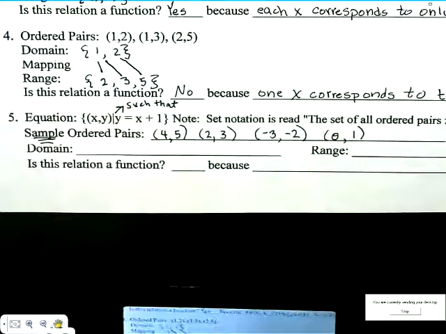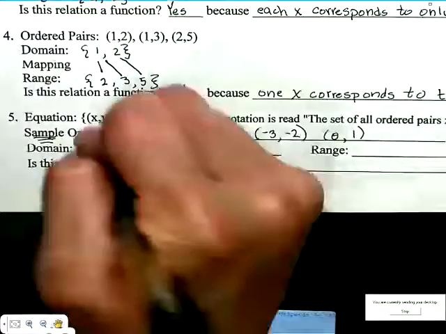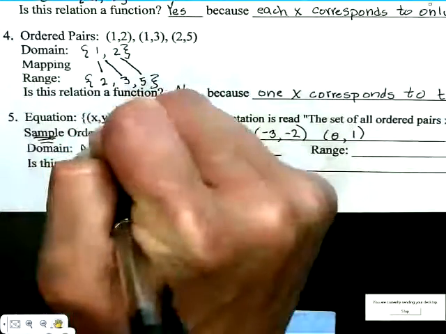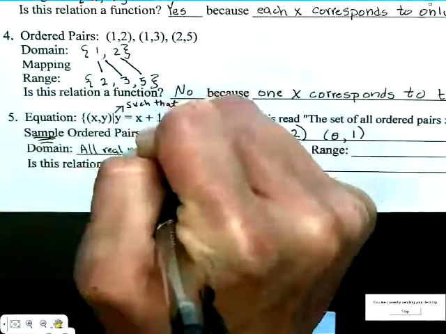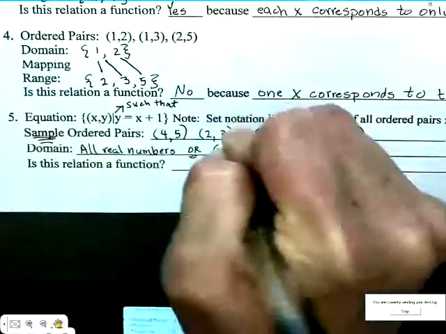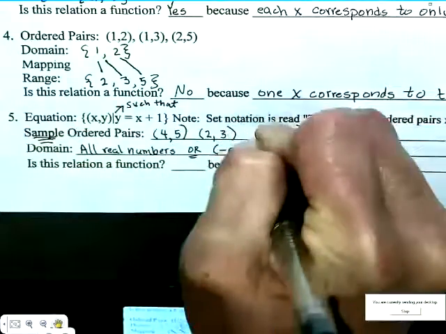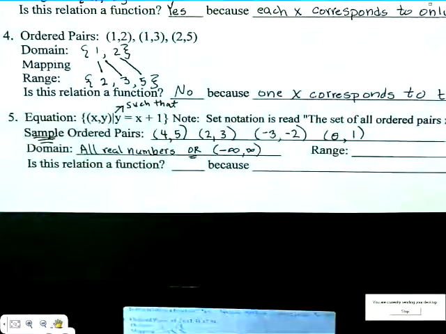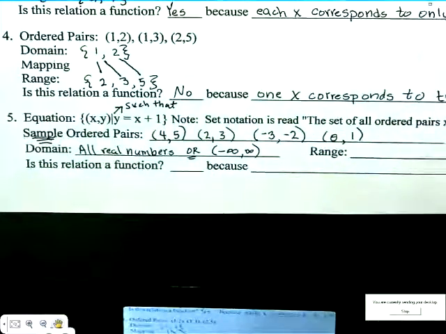So what could you let x be in that equation? Anything. The domain of that relation, you could either write all real numbers, or you could write in interval notation negative infinity to infinity. There is nothing that blows up an adding 1 machine. You give me any number in the whole wide world, I can add 1 to it.